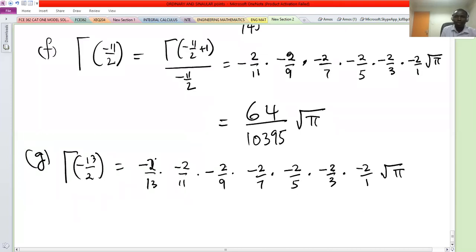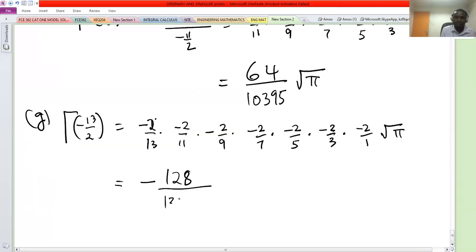So 1, 2, 3, 4, 5, 6, 7 negatives, so we have negative, 2 power 7 is 128. And the other one had 10,395 times 13, that gives us 135,135, then root pi.